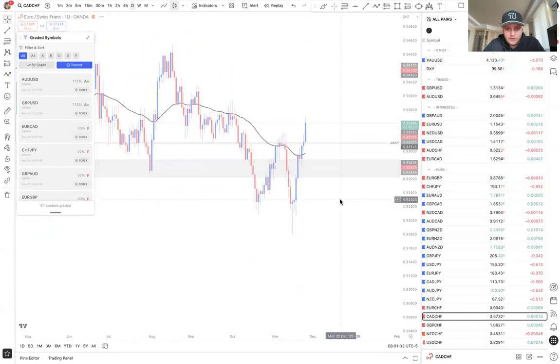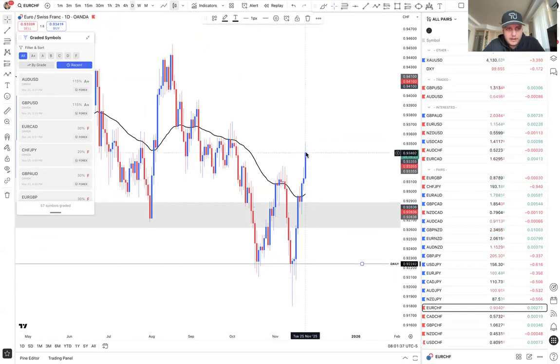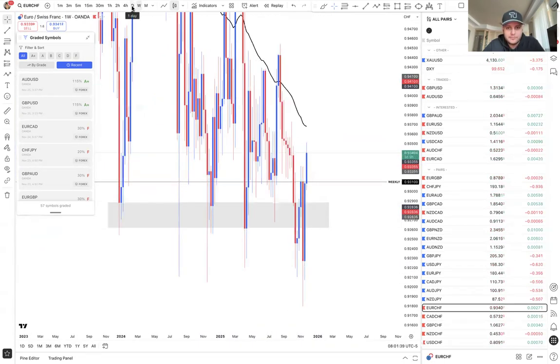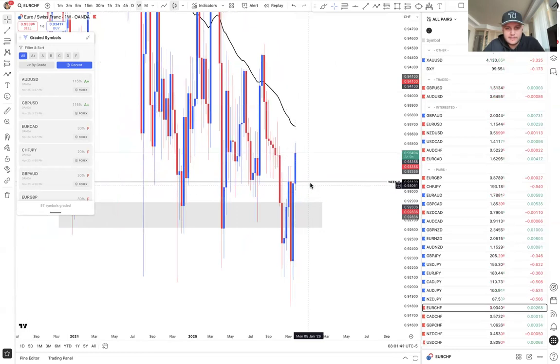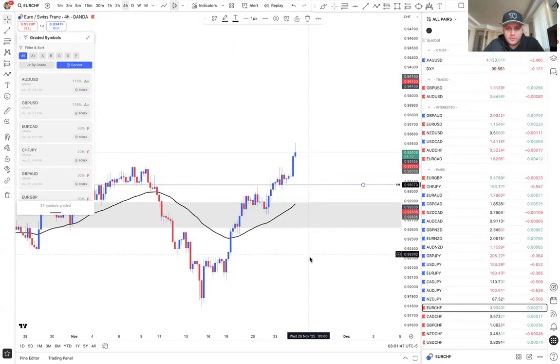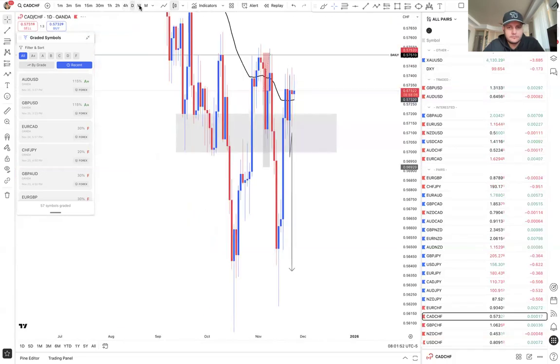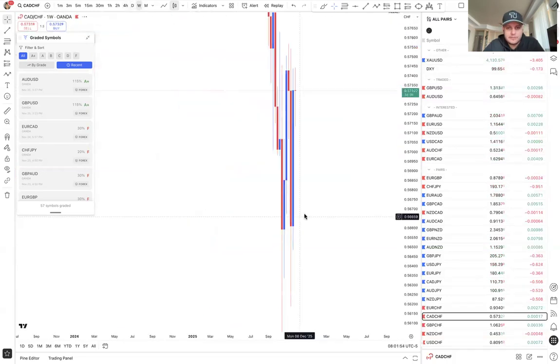CHF pairs are pushing higher. Here we have created a higher high on the daily time frame. So the daily's gone bullish. The weekly is about to shift bullish as well. 4-hour time frame has created a higher high as well. Here, the daily time frame is still bearish.